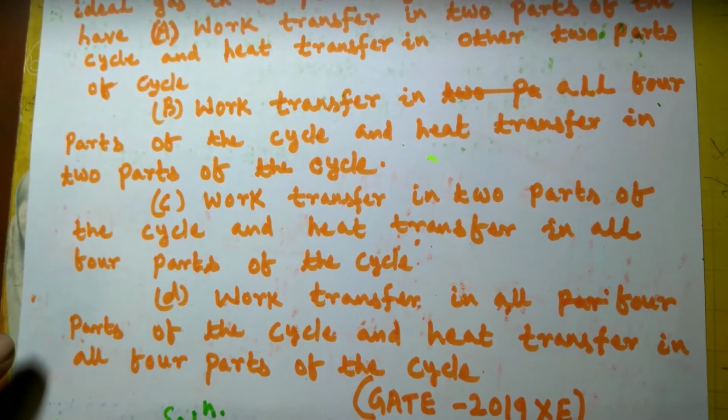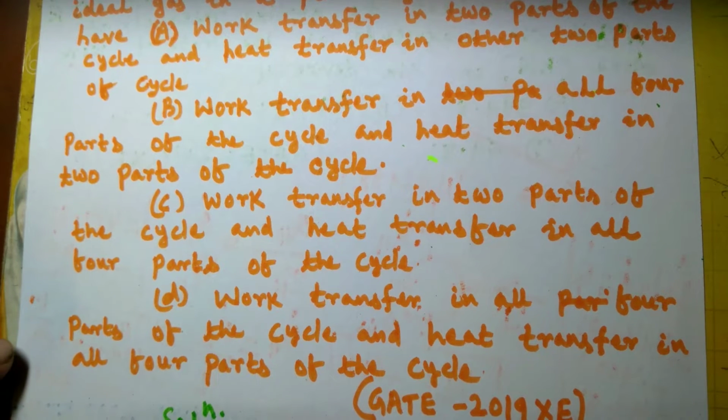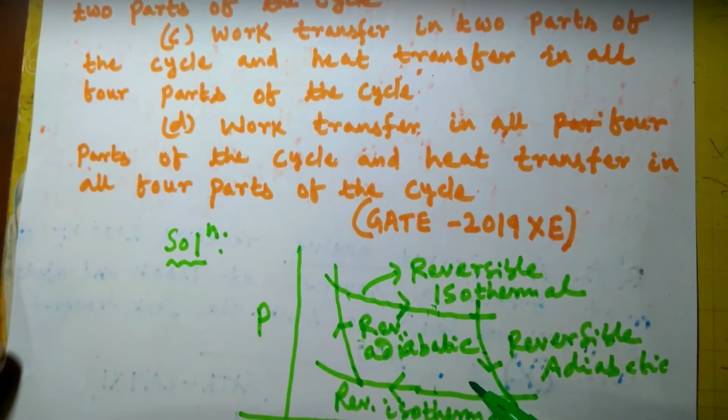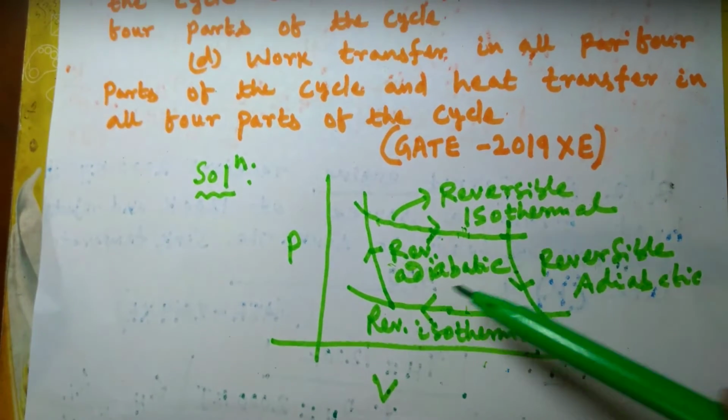But in these two reversible adiabatic processes, there will be no heat transfer, because according to the definition of an adiabatic process, it is a process in which there is no heat transfer. So heat transfer is there only in these two isothermal processes, but work transfer is there in all the four processes of the cycle.